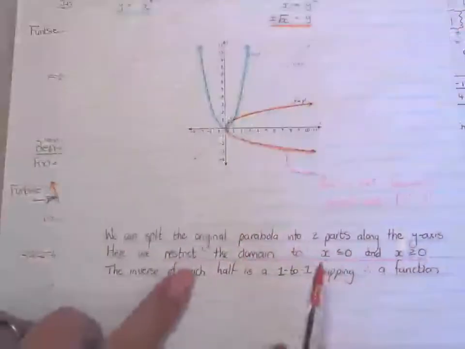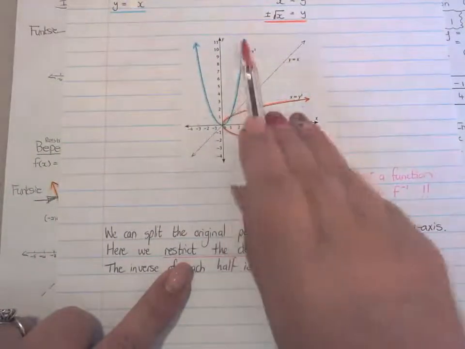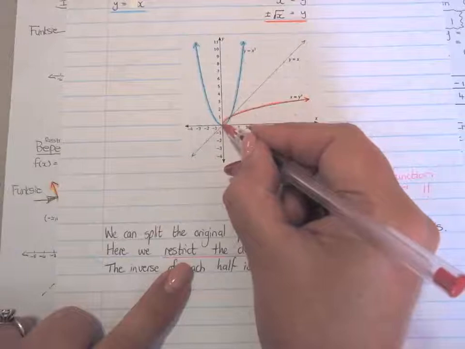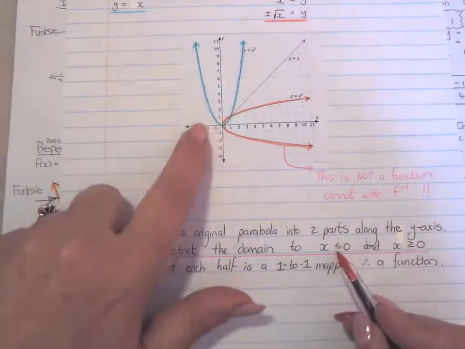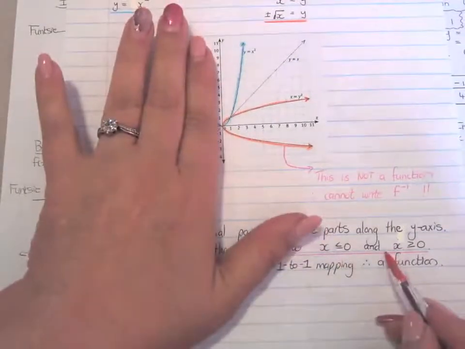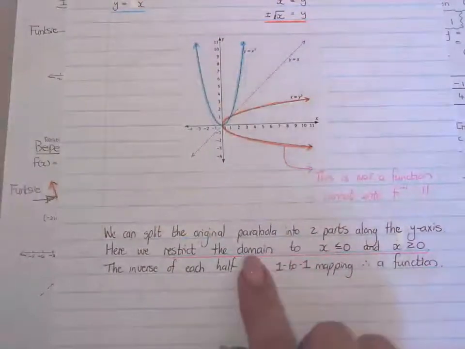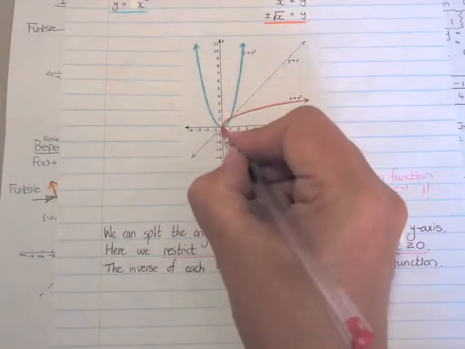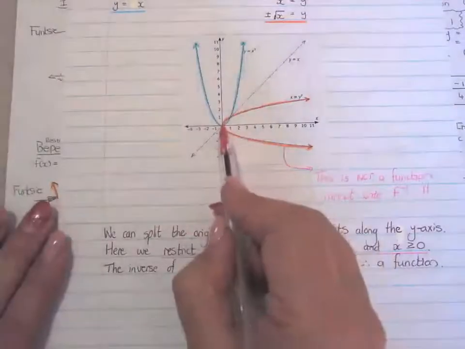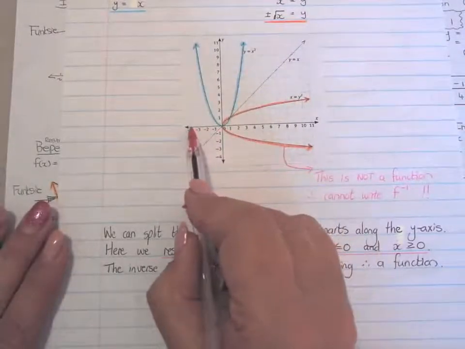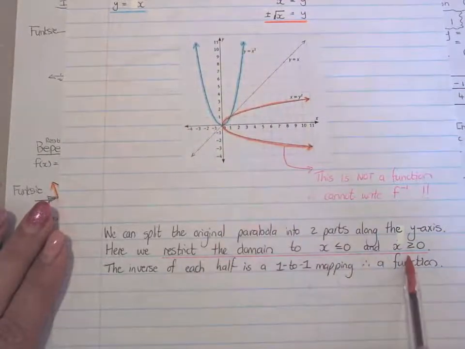That means we restrict the domain of this parabola from the turning point's x value: x smaller or equal to 0, or x larger or equal to 0. So we use the domain and the turning point to split our parabola into where the x's are smaller or equal to 0 or where the x's are larger or equal to 0.